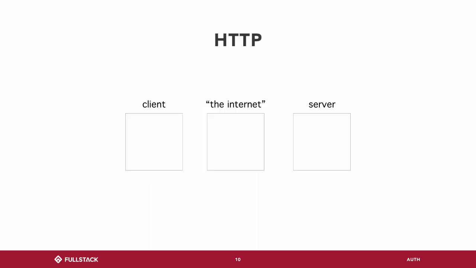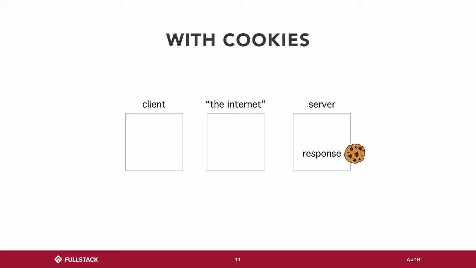So if we look at how this workflow is going to work, the client could make a request to the server. This is the normal workflow. Client makes a request, and the client gets a response. But with cookies, we could make a request and then check: is there a cookie in the request?